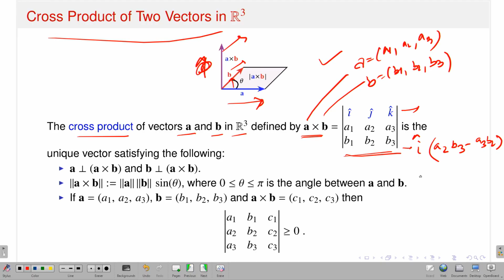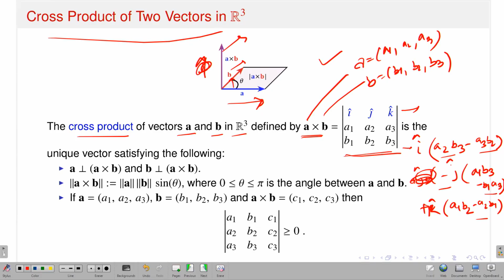Then, doing the determinant, plus j cap with a minus sign, so you can write minus j cap times A1 B3 minus B1 A3, plus k cap times A1 B2 minus A2 B1. So the vector is i cap (A2 B3 minus A3 B2), minus j cap (A1 B3 minus B1 A3), plus k cap (A1 B2 minus A2 B1). This vector is nothing but A cross B.